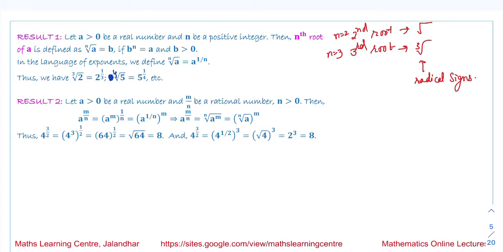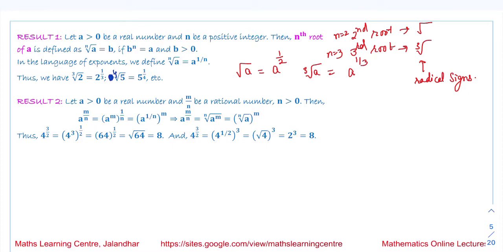So what these things mean is, when I am talking about the square root of a, any number, it means I am talking about a raised to the power 1 by 2. Till now you have studied powers as natural numbers: power 2, power 3, power 4. Now when we talk about the square root of a, it is basically the power 1 by 2. When I talk about the cube root of a, it is a raised to the power 1 by 3.